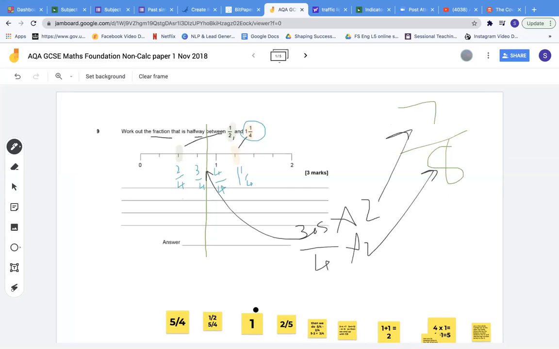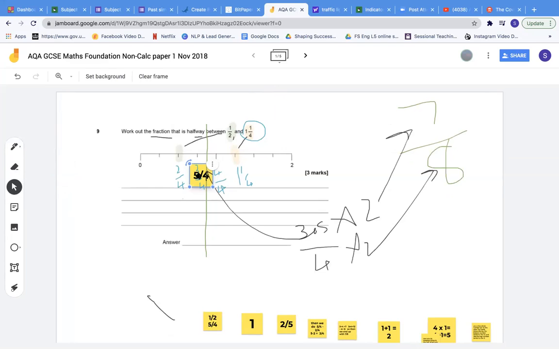Look, you have used information. The 5/4 would work if you're using the number line. You're basically comparing 2 1/4 with 5/4.